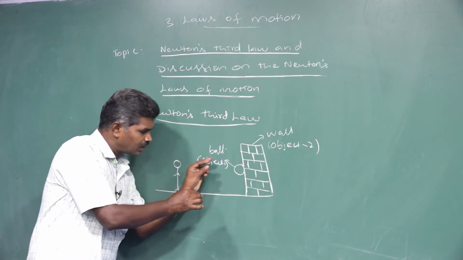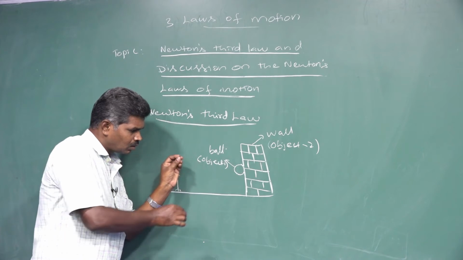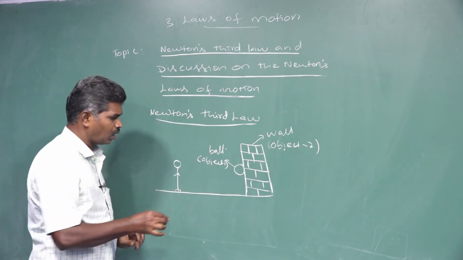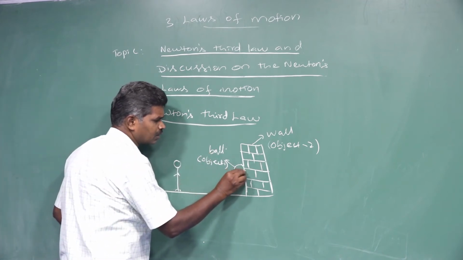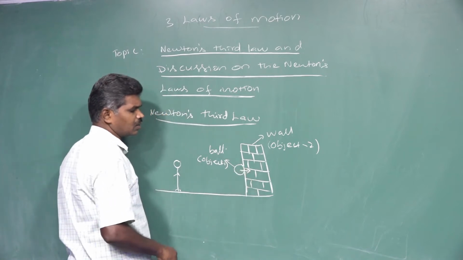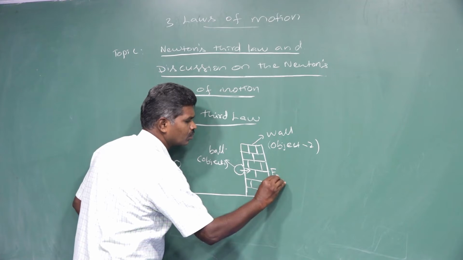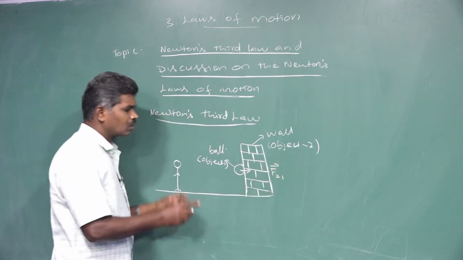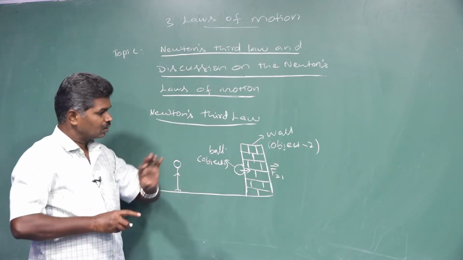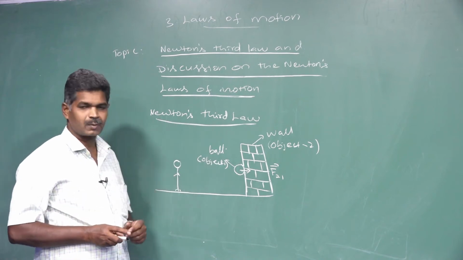At the time of hitting, object 1, the ball, gives a certain force on the wall in this direction. That force can be expressed as F21 vector, because 1 acts on 2.